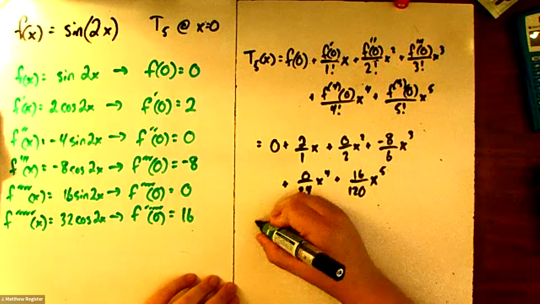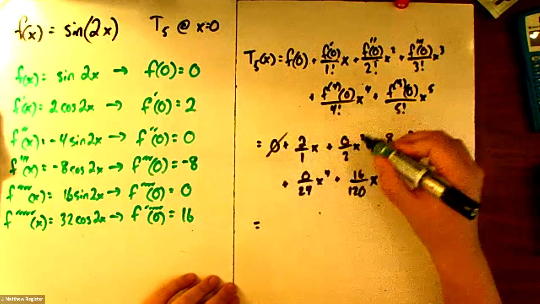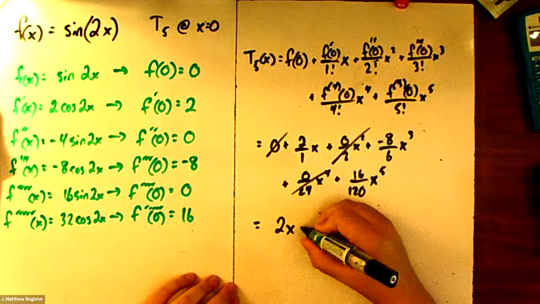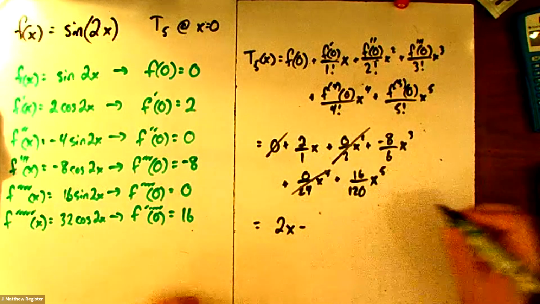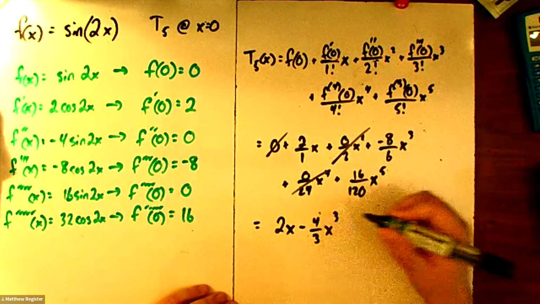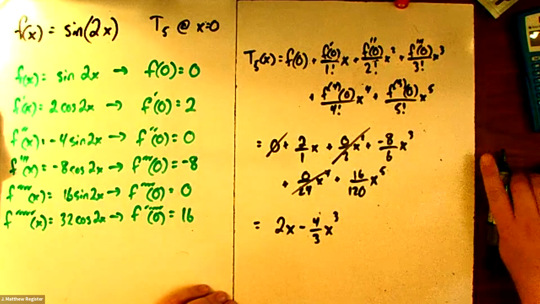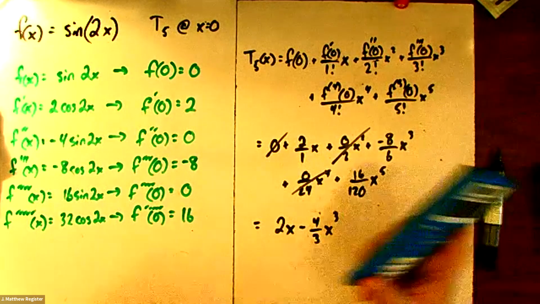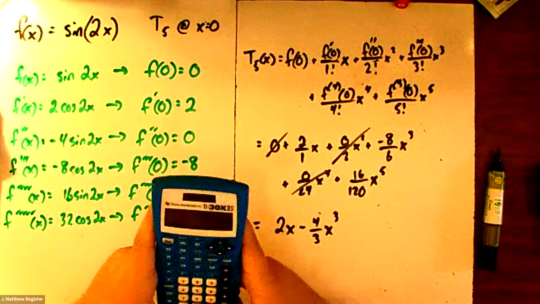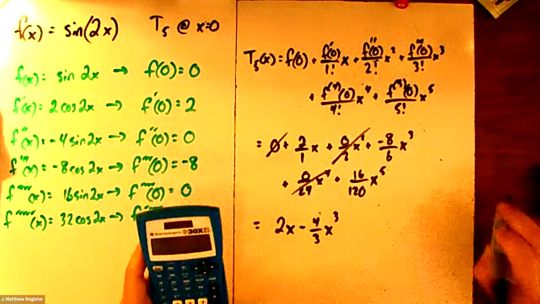Cool. That goes away, that goes away, that goes away. So we are left with 2x minus 4/3 x cubed, 16 over 120. We could simplify that. 120 divided by 8 is 15.